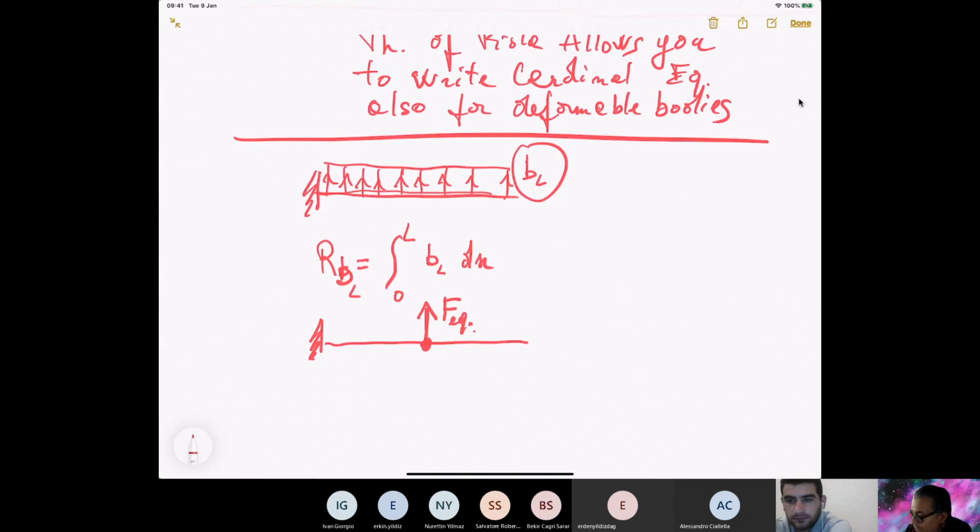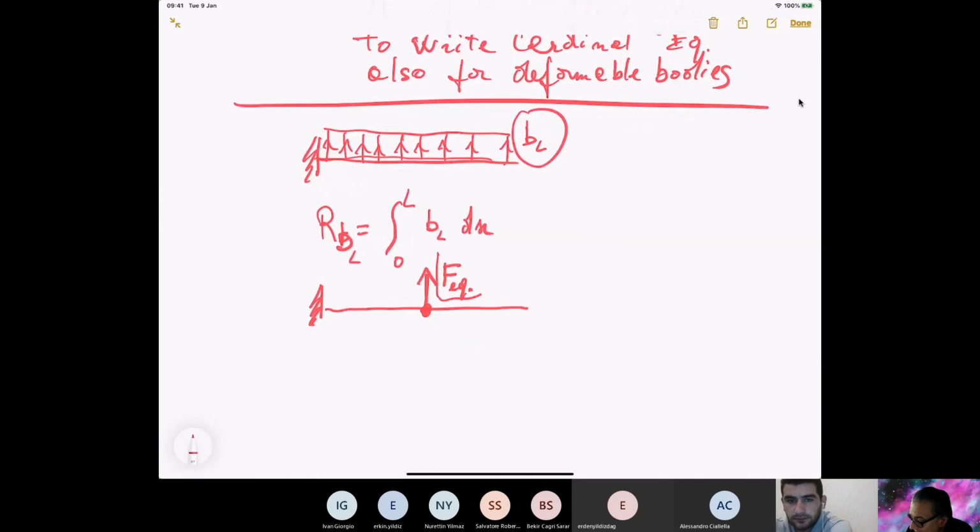Okay, so we say that this concentrated force at a certain length, L star, has exactly the same resultant and the same resultant moment as this distributed force.